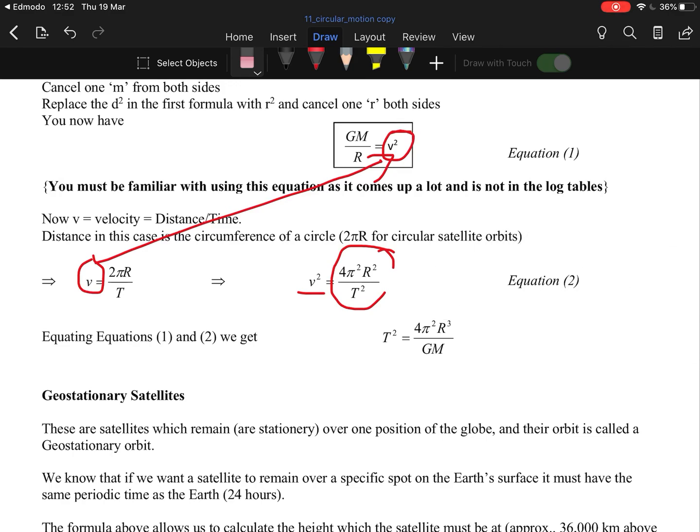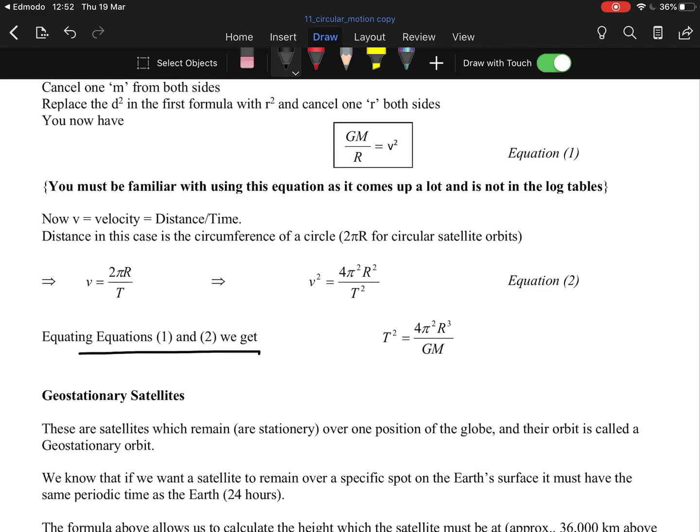Everything keeps coming back. Right, now, when we equate the two, how do we get from this and this to this? Basically, when you sub in, you equate 1 and 2. In other words, v squared equals v squared.